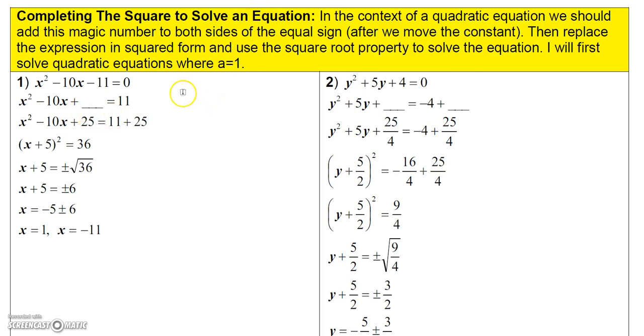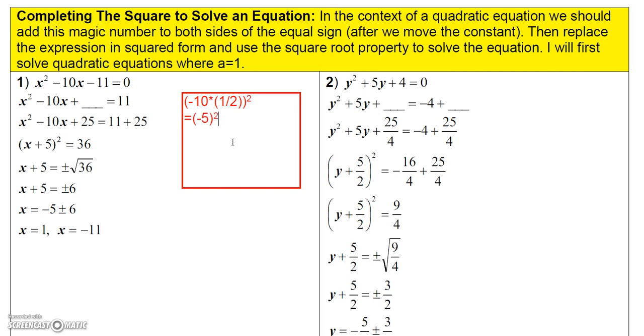But if you want to see what I did, I just took negative 10, multiplied it by a half, and then squared it, and that gave me negative 5 squared, and that's how I got the 25.